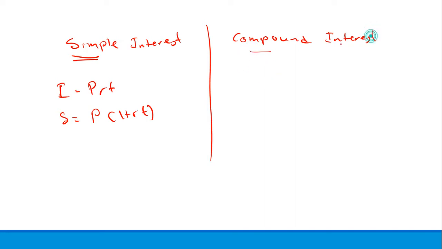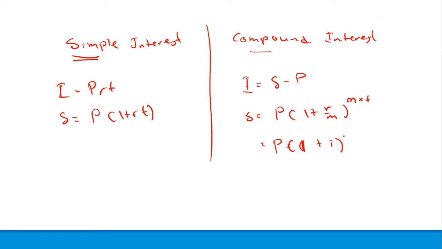Okay, when the question mentions compounded, it may be compound interest. So to find the interest, it is S minus P. To find S, S equal to P(1 plus R divided by M) power of M multiplied with T, or I can say S equal to P multiplied with (1 plus I) power of N. That's all.